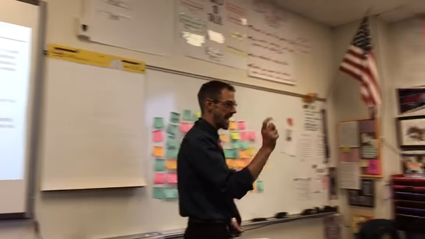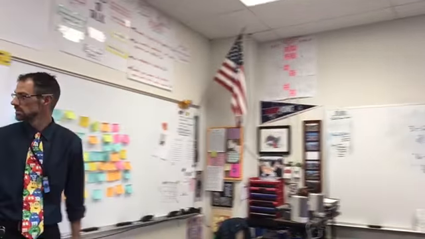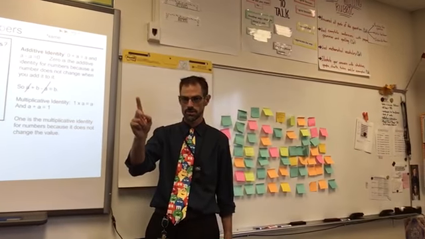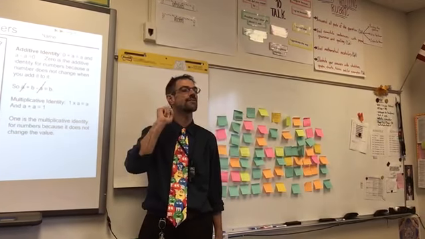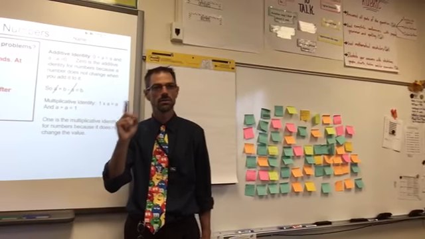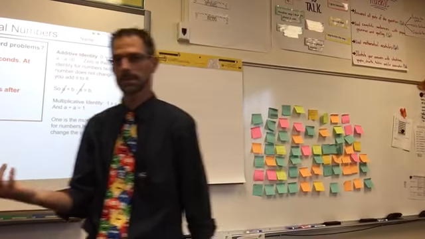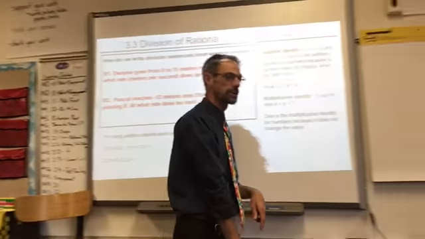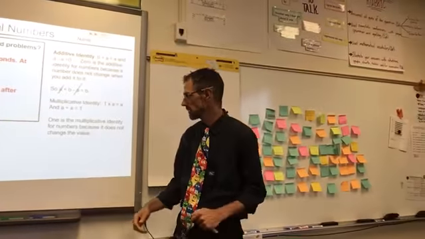Multiplicative identity is a lot like additive identity. 1 is the multiplicative identity number. Because if I multiply anything by 1, what do I get? That's the number you're multiplying it by. The same number. Exactly. The number I'm multiplying by.